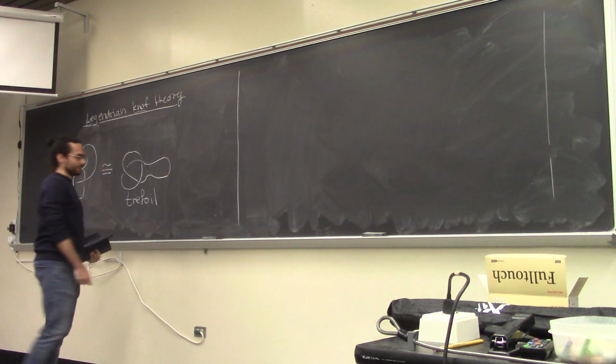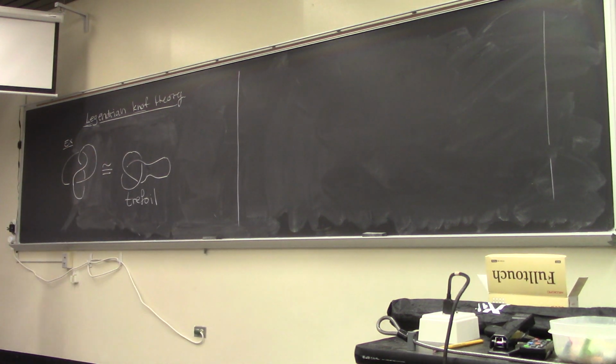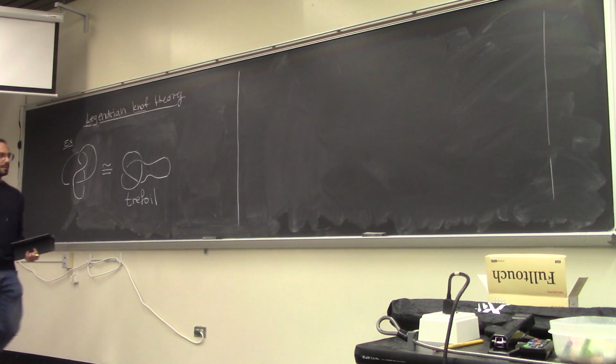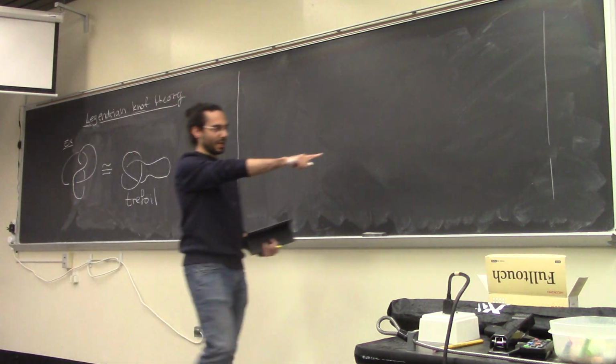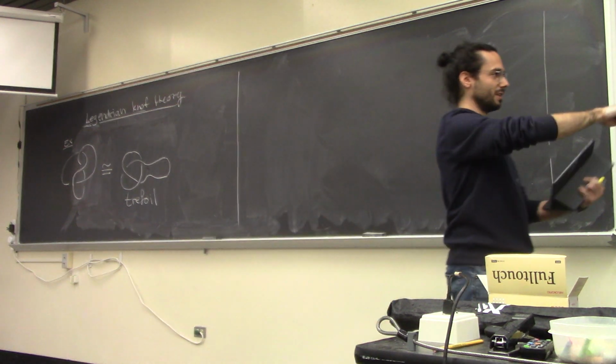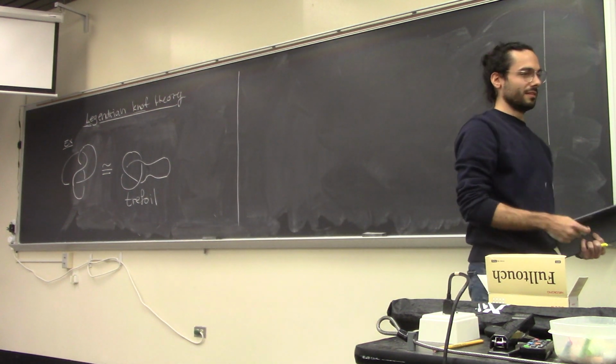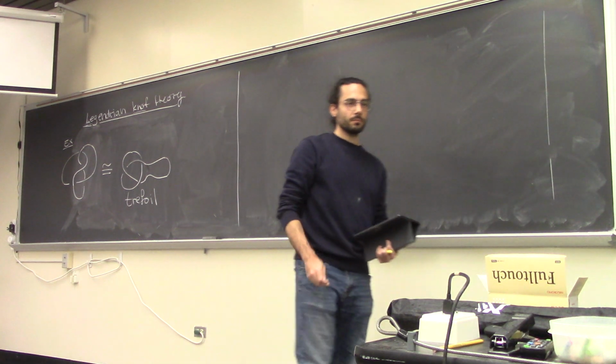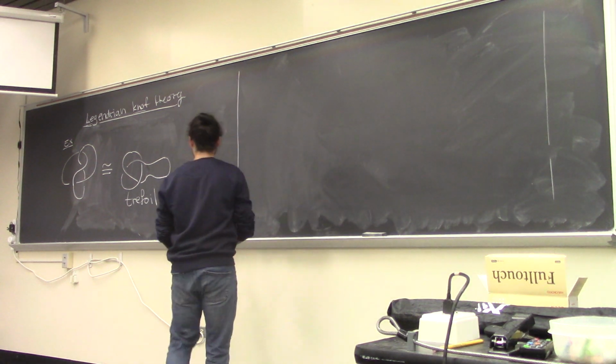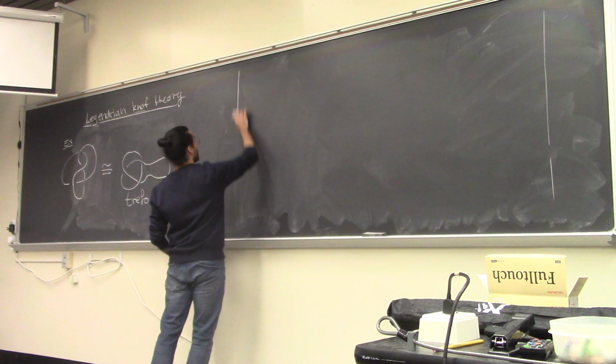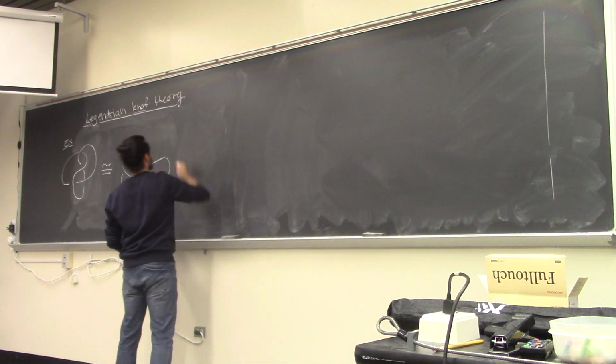In some sense, the ultimate goal of knot theory is to classify all the knots. I give you two random knots, and you're supposed to figure out if they're the same or not. That's the ultimate goal. And figuring out if you can find moves between them, like Reidemeister moves, is not very feasible. So one would like to invent some better way to systematically study knots.